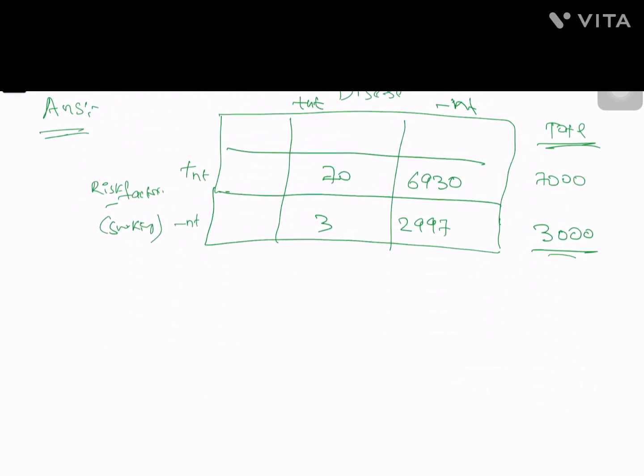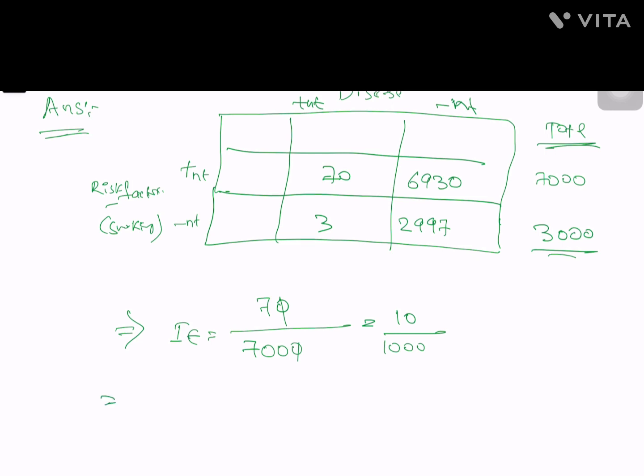So we will see the problem. First we will calculate the incidence among exposed. Diseased are 70, total smokers are 7,000, so it comes to around 10 per 1,000.